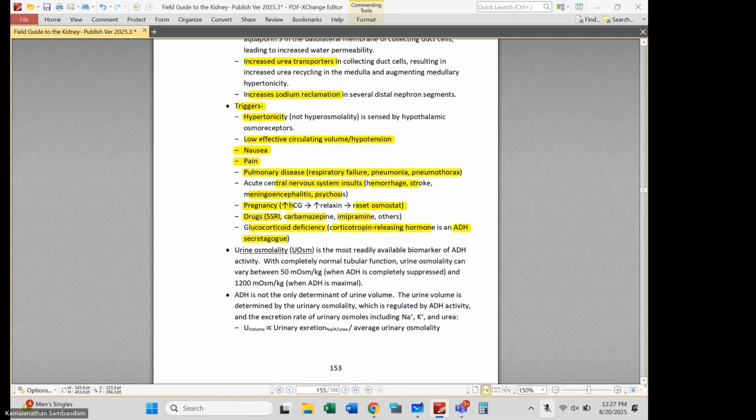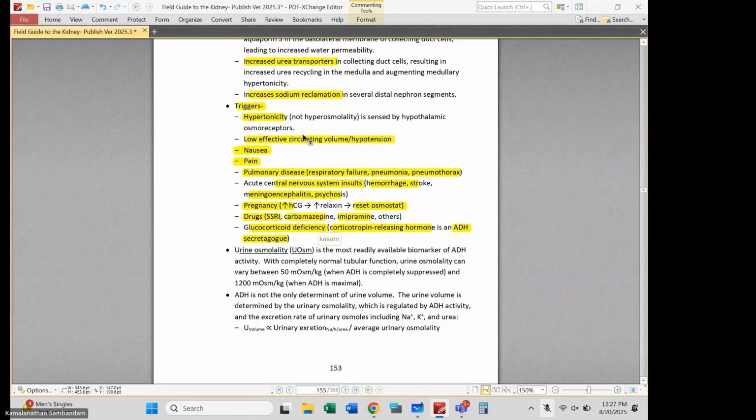This explains why when you have adrenal insufficiency, just pure glucocorticoid deficiency, not even just primary adrenal insufficiency, those patients may get hypovolemic because of the glucocorticoid and mineralocorticoid deficiency.